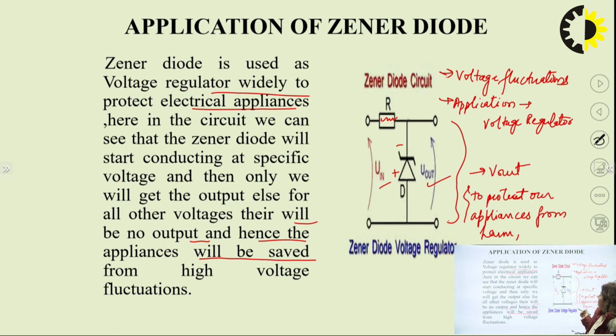But whenever we require some voltage regulation, or a reverse biasing condition, where the light will fall on the circuit and the electron hole pair gets generated, we require some other phenomena. In the case of the laser and LED we require the forward biasing phenomena, but in the case of the detectors we require reverse biasing.